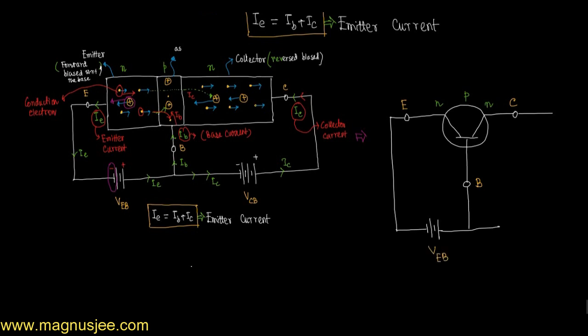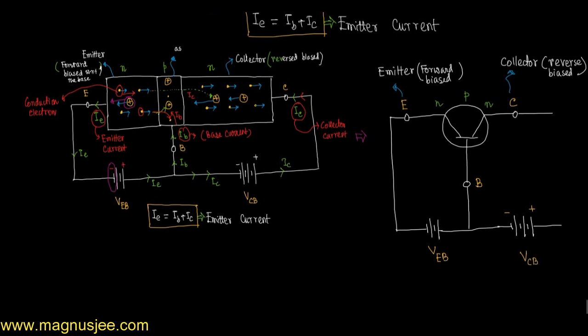VEB is the EMF of the external battery, which is connected to the emitter and base circuit to provide forward biasing, and E is the emitter, C is the collector terminal, and collector C will be reverse biased, and emitter E is always forward biased. Emitter E is forward biased by connecting an external battery VEB with respect to the base. Similarly, collector C will be reverse biased by connecting a strong battery of EMF VCB.